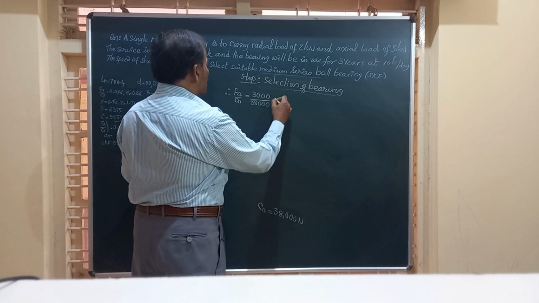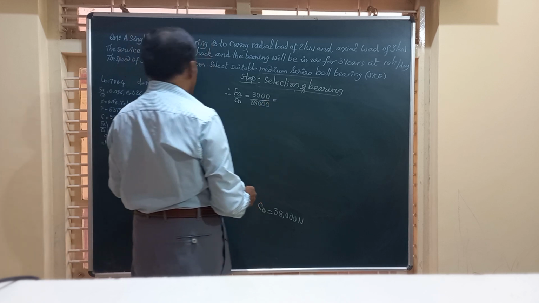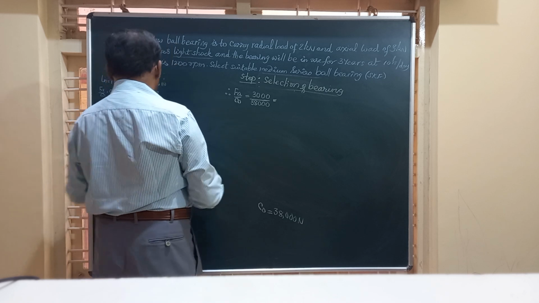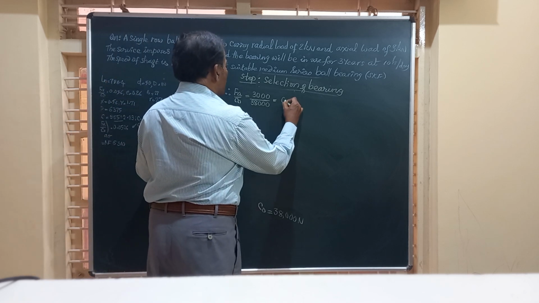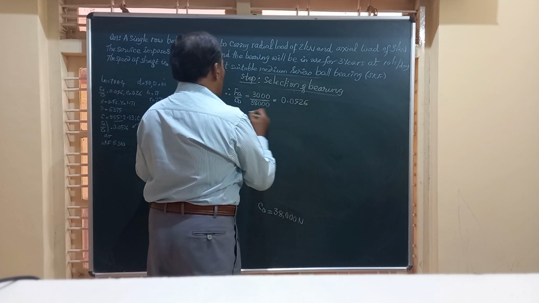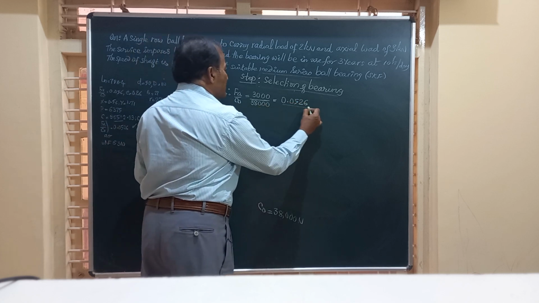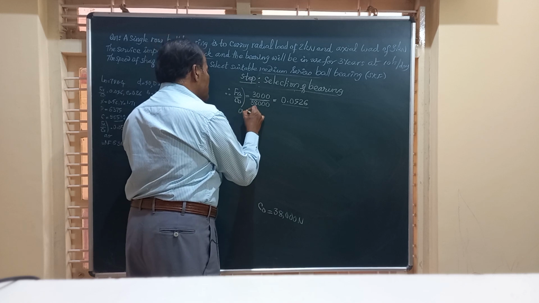And friends, this works out to a value FA over C naught is equal to 0.0526. And this is the value of FA over C naught actual.